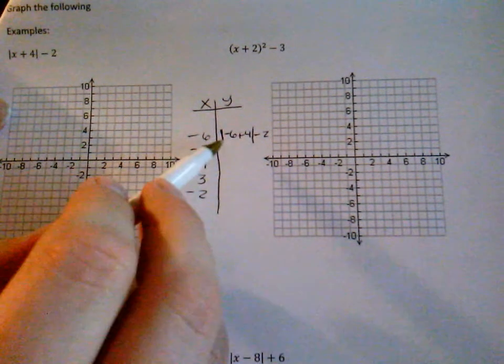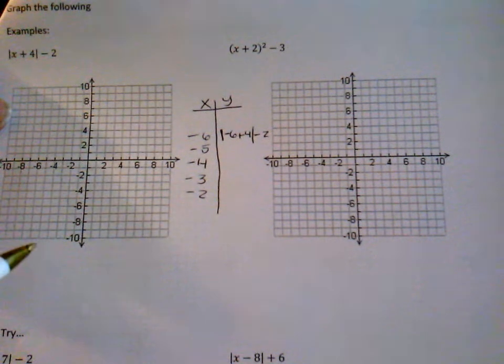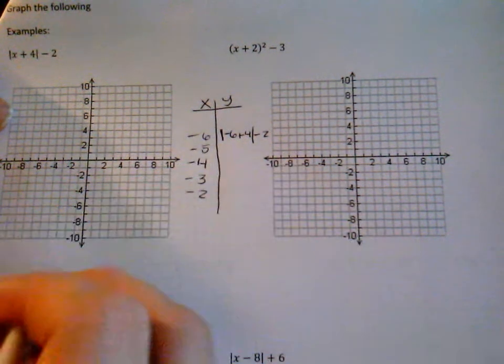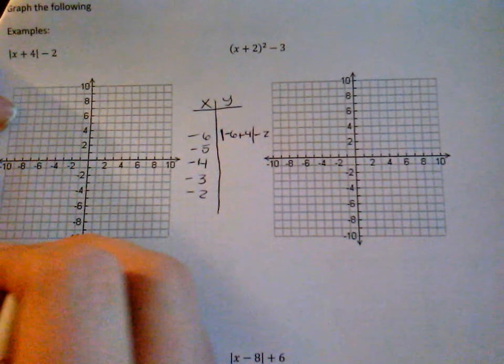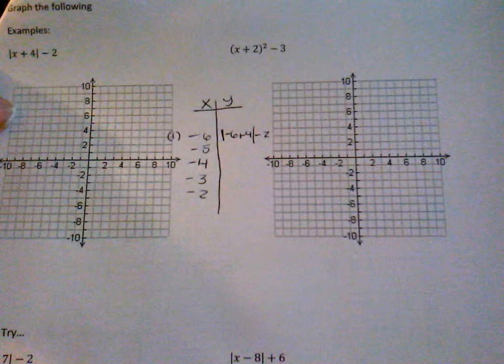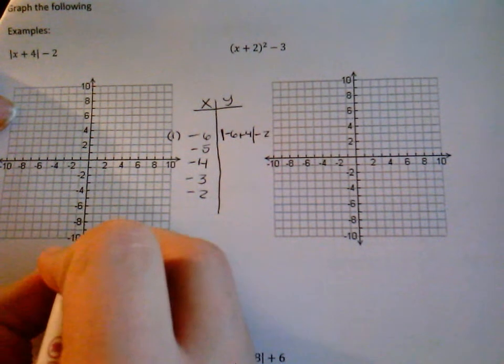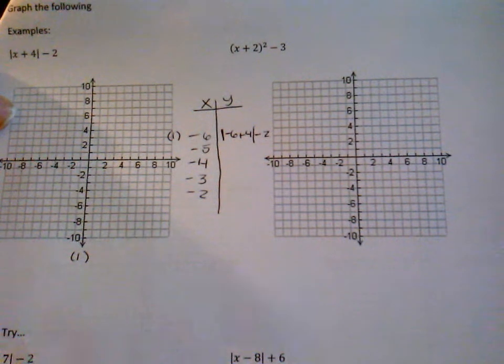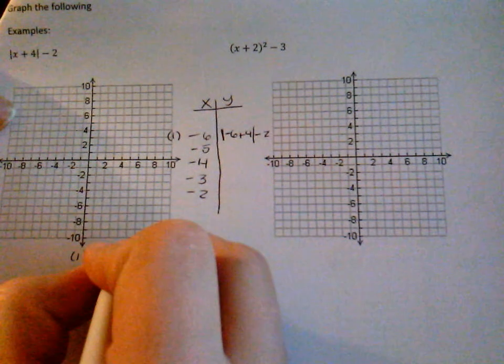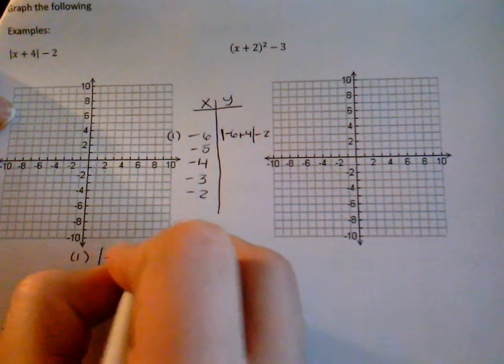So what is negative 6 plus 4? Well, I'm going to bring this down here, so I'm going to put a little parenthesis 1 by it to show you that this is what we're doing. So it's going to come down here. Okay, so this is going to be negative 6 plus 4 minus 2.